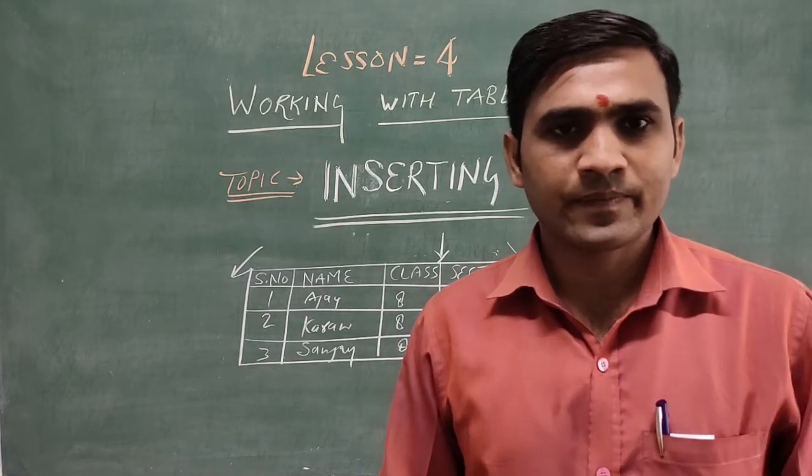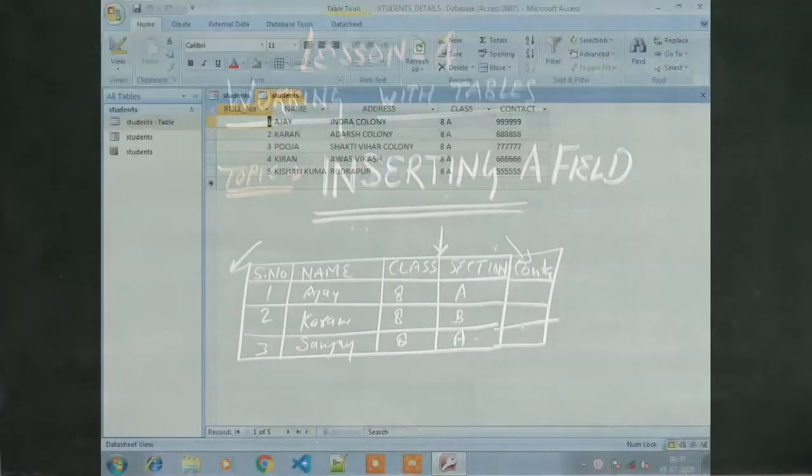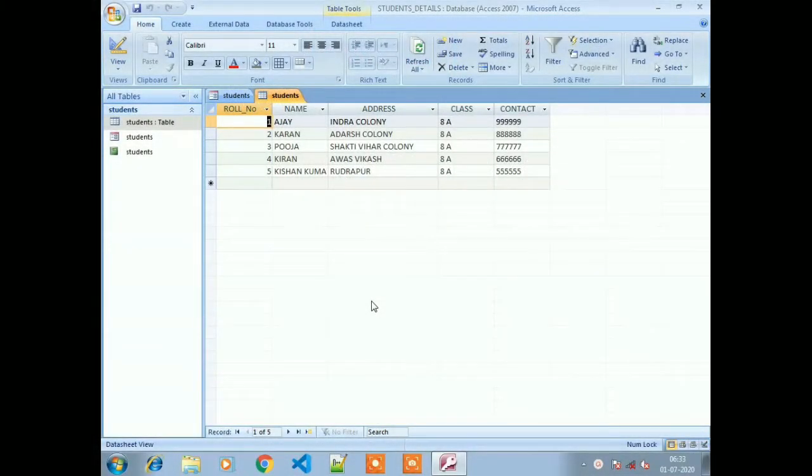Now let's see. Now we are going to start the topic, inserting a field in a table. Okay, so now you can see in the navigation pane there is a students table, and we need to open that student table.